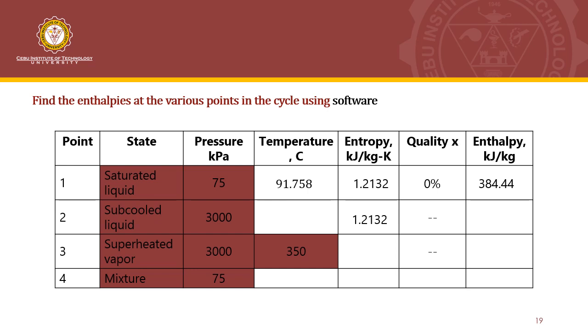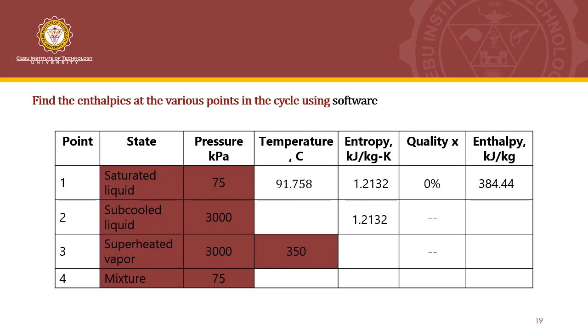So you can see here, at point 2, this is not saturated liquid or saturated vapor. Therefore, we cannot use the same way that we got the value a while ago. If it is a subcooled liquid or a superheated vapor or a mixture, we will use another way.